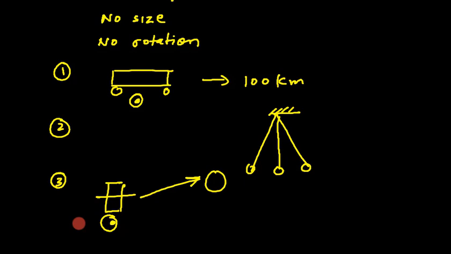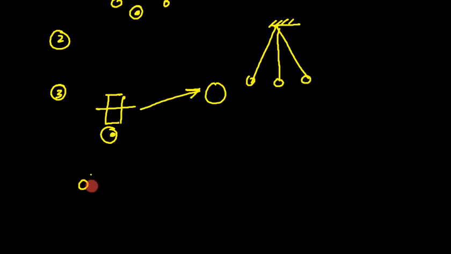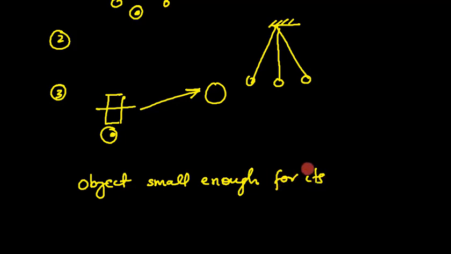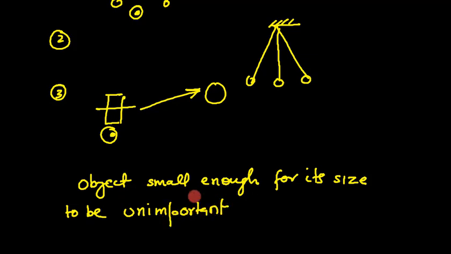Rather, we take the particle to be simply an object that is small enough for its size to be unimportant, for the scale of our observation.